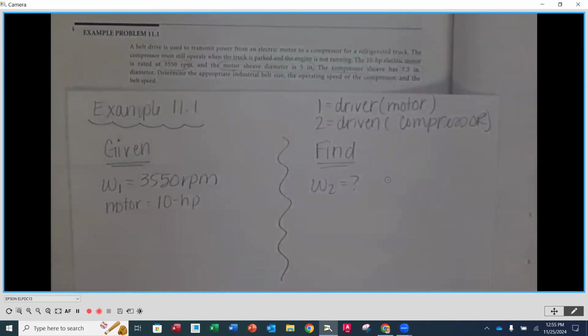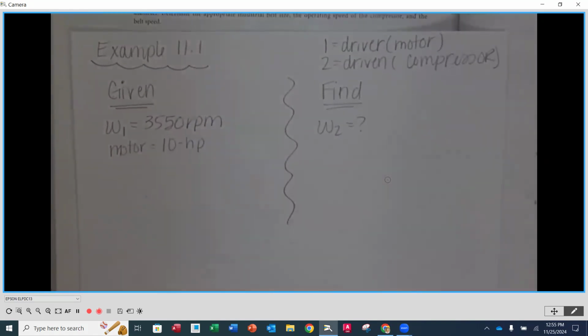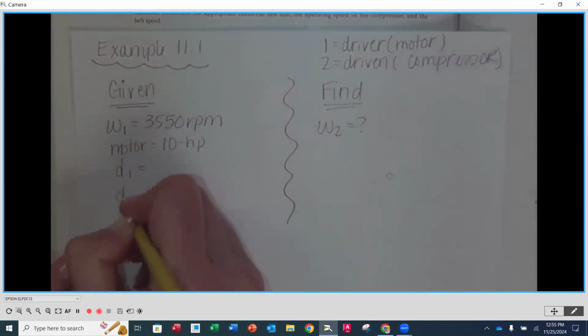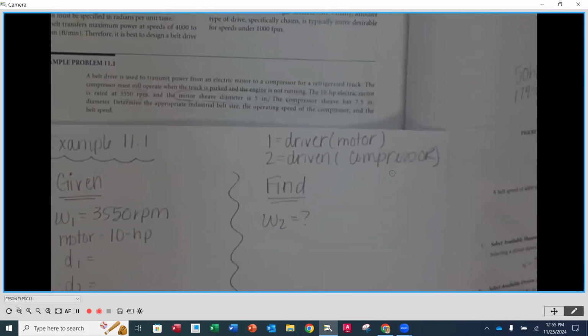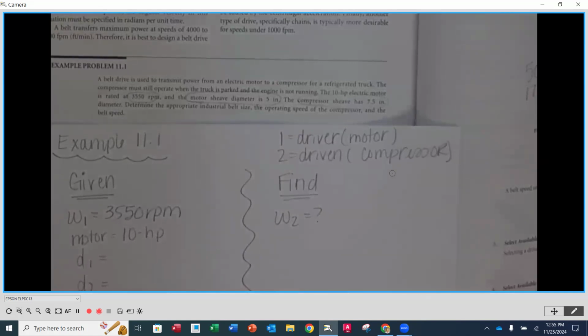What else are they giving us in this problem? What's something else that you wrote down for given? Emily's saying, yep, D1 and D2. So what is D1 equal to as we look up here? Remember, ones are our inputs off of our motor. Ben says the sheave diameter, 5 inches.